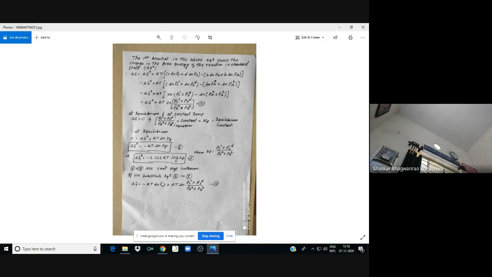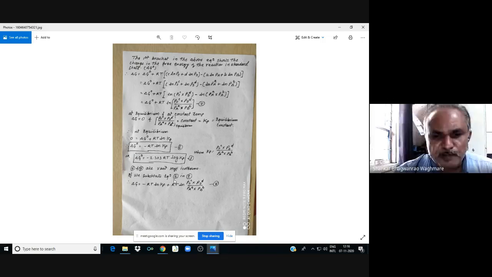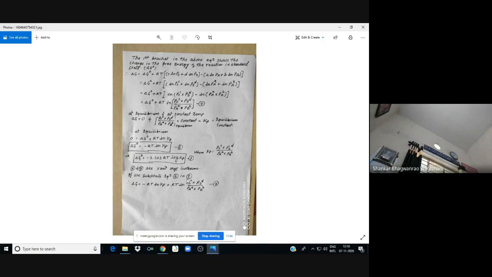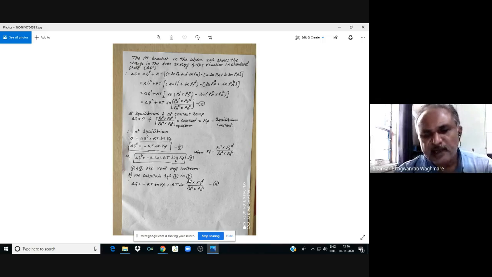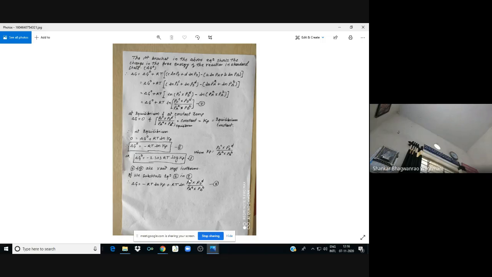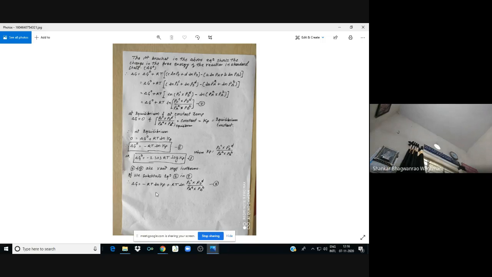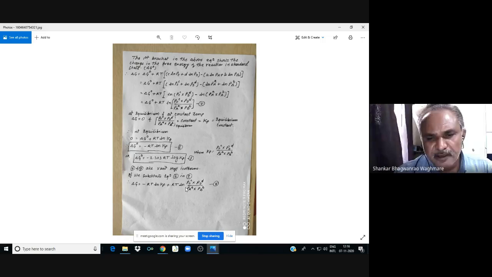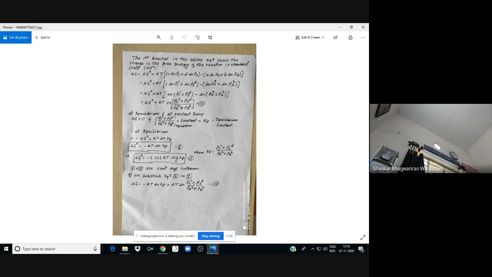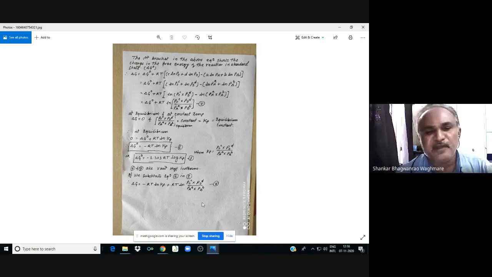And if we substitute this value from equation number 6 into 5, that is the condition other than equilibrium, then the value becomes delta G is equal to minus RT ln Kp plus RT ln of the ratio of the product of concentration of the products to the product of concentration of the reactants.